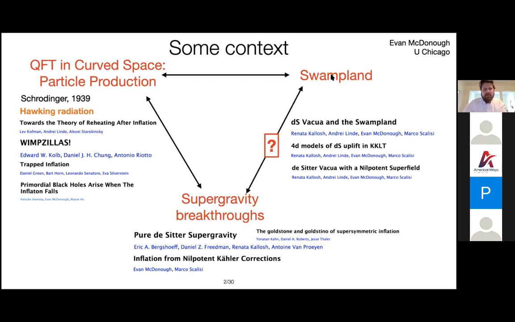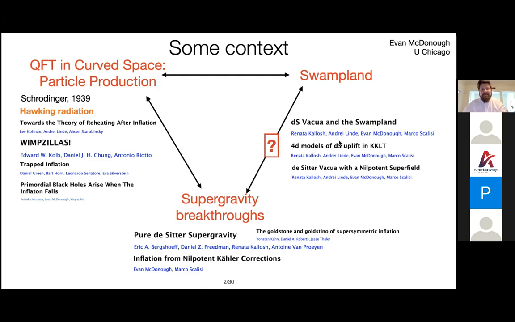Now, the third corner I want to connect with is in the string theory community, in particular the East Coast string community, which is this swampland program in string theory. And the reason I put a question mark here is that it's not obviously the case that the swampland program has anything to say about supergravity constructions of cosmology.